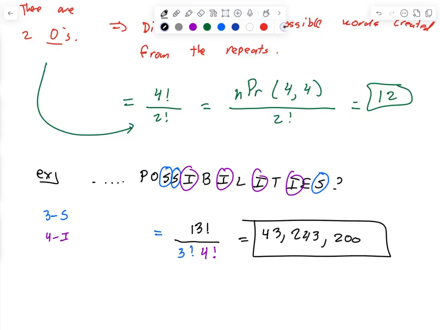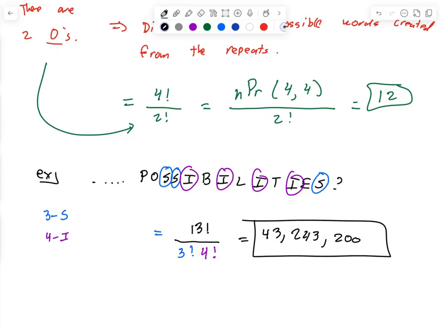If P had to be the first letter, how many letters am I arranging? There's 13 letters, but P has to be the first letter, so I'm only working with 12. So it's 12 factorial instead of 13.